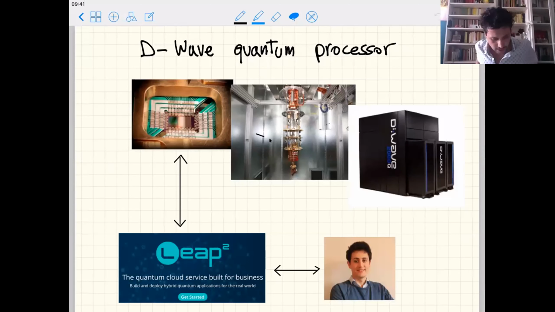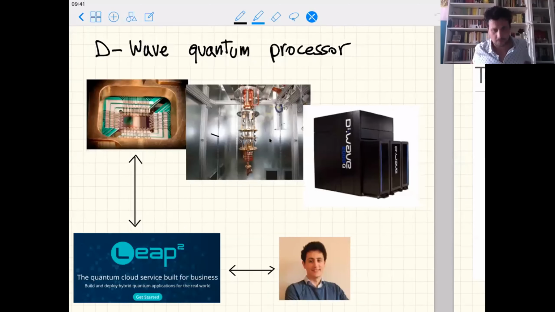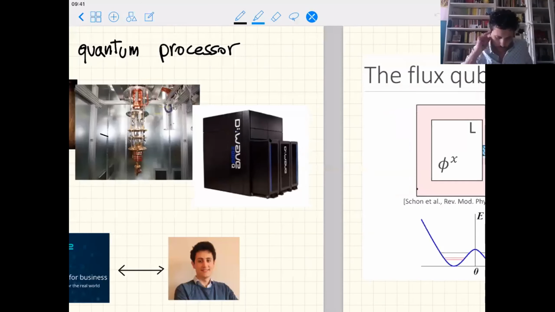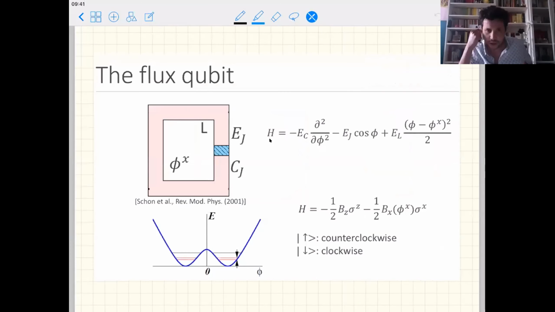And as I said, the purpose was to study the energetics of the typical operation of such processors. So let me just tell you a few words, because maybe not all of the people in the audience are familiar with such quantum computers or quantum annealers.